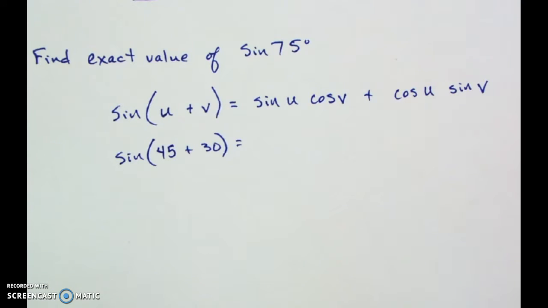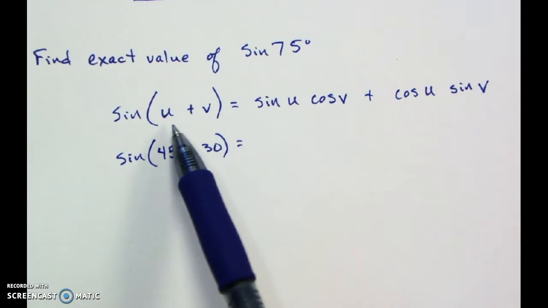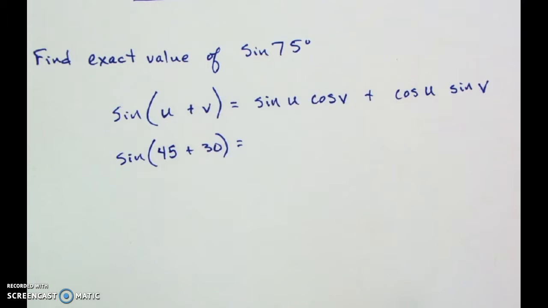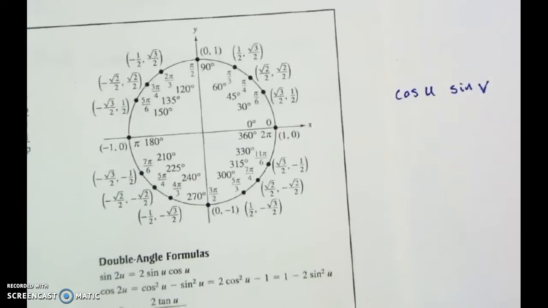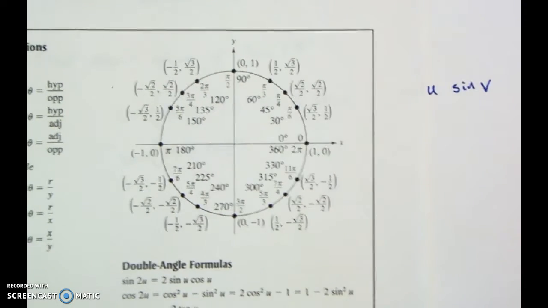Back to our problem, here we're going to find the exact value of sine of 75. So I'm going to use the sum formula, and I'm going to take 45 plus 30 because that adds up to 75. And so what I now have is values that I know are on my unit circle at 45 and 30 that I'll use to solve this problem.